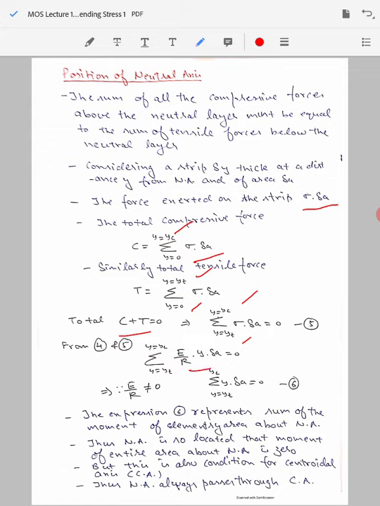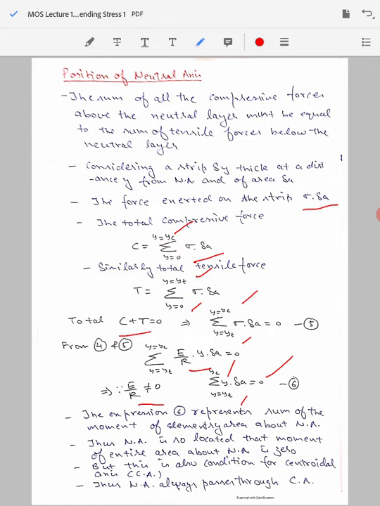We substitute it here, and as E by r is not dependent on y, I can bring it out and write E by r multiplied by the summation of y delta A equal to 0. Because E by r is not equal to 0, the summation of y times delta A should be equal to 0 if you sum it from the bottom to the top fiber. Now this expression 6 represents the sum of all the moments of the elementary areas about the neutral axis.